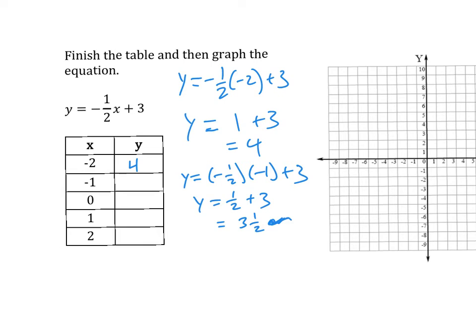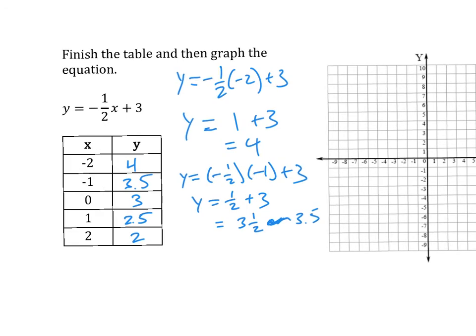Okay, I'll put that in there, 3.5. Okay, and then we'll substitute in 0. We'll get negative 1/2 times 0 is 0, plus 3 gives us 3. Okay, substitute in 1. Negative 1/2 times 1 gives us negative 1/2 plus 3. That's going to be 2.5. And then finally, we'll substitute in 2. We'll get negative 1/2 times 2 gives us negative 1 plus 3 would be positive 2.